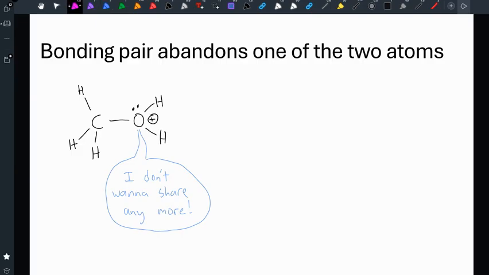So what it might do in that case is take this bonding pair and just pull those electrons back to itself. Turn that bond back into a lone pair. So it's very similar to reversing the step that we just saw, because carbon now has a positive charge, and I've released a water molecule.